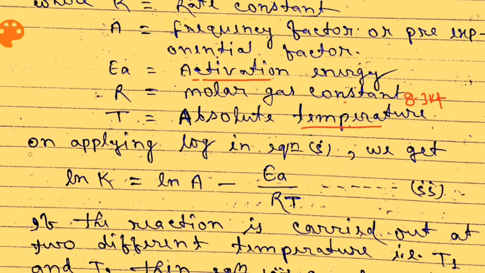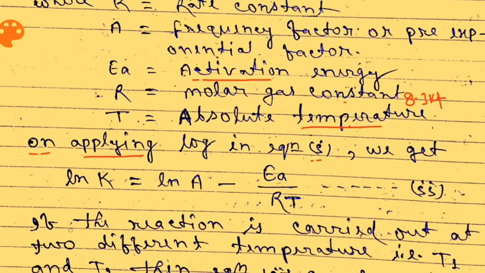Now, on applying log in equation 1, we get ln k. What is meaning of ln? Log on base E. ln k is equal to ln A minus EA by RT. Such equation is obtained after applying log.